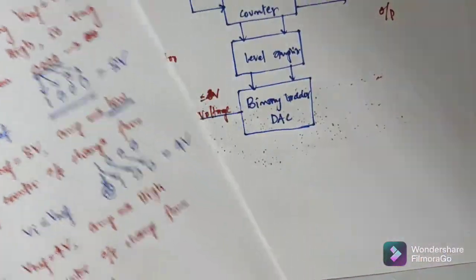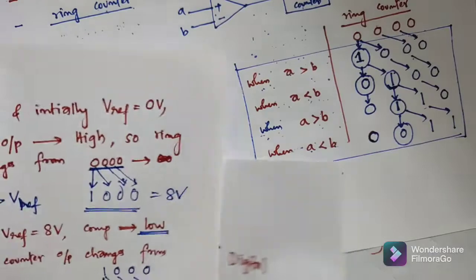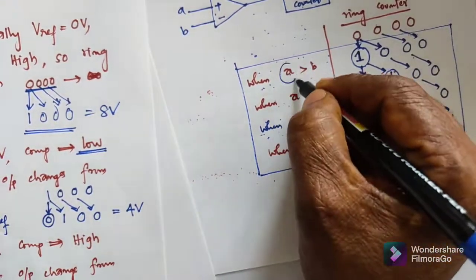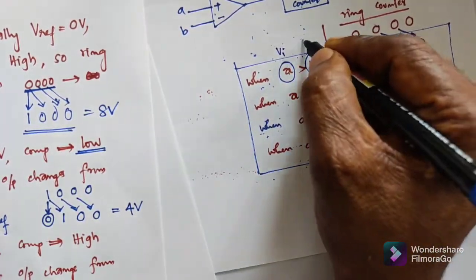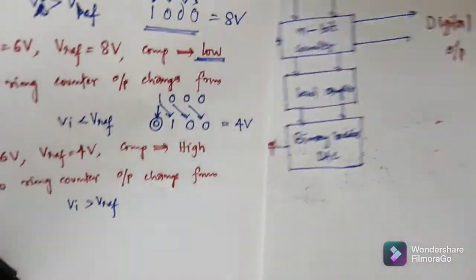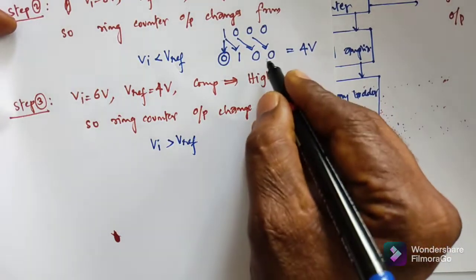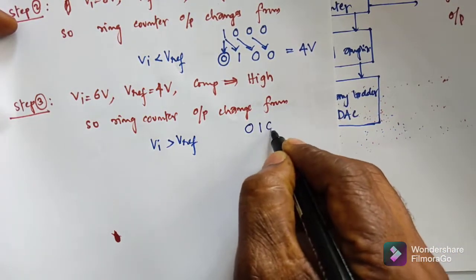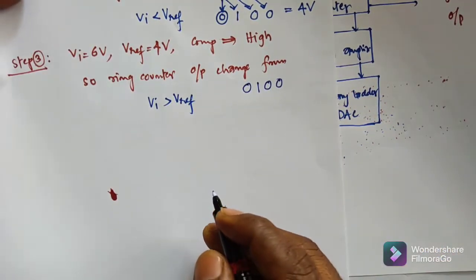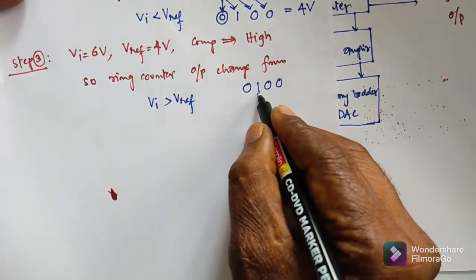In the earlier time I explained the detailed concept of this. For example, this value is VI and this value is V reference. So what is the concept for this step 3? So far we have the value 0 1 0 0. Now this is the actual position.